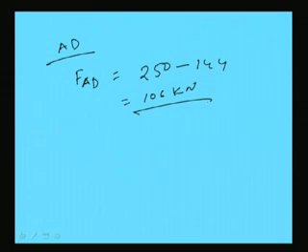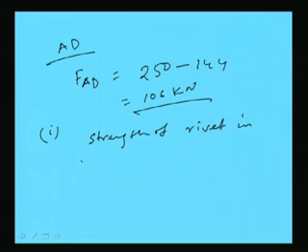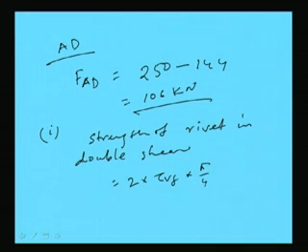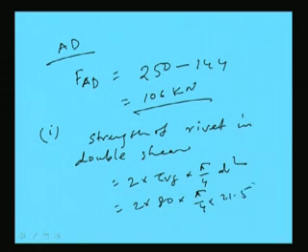Now, strength we have to find out. Strength of rivet here will be in double shear because double angle is provided. So, strength of rivet in double shear will become 2 into tau Vf into pi by 4 d square, that is 2 into 80 into pi by 4 into 21.5 square.